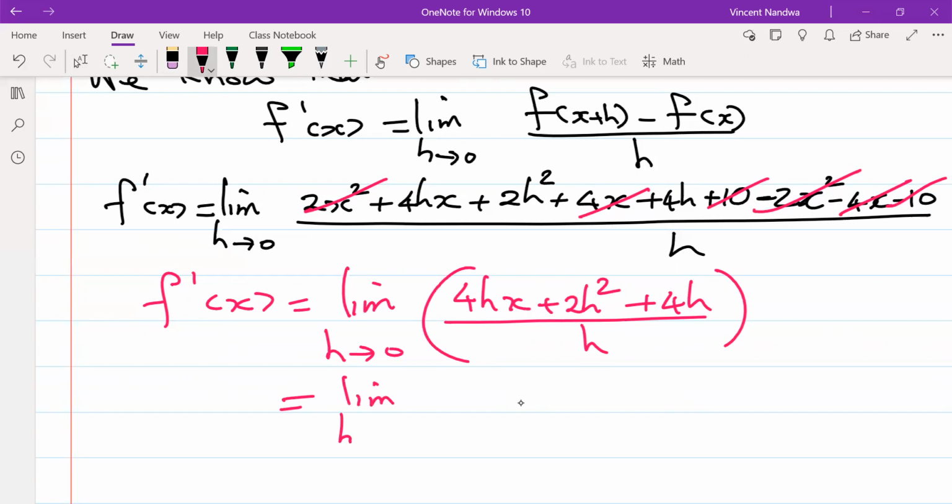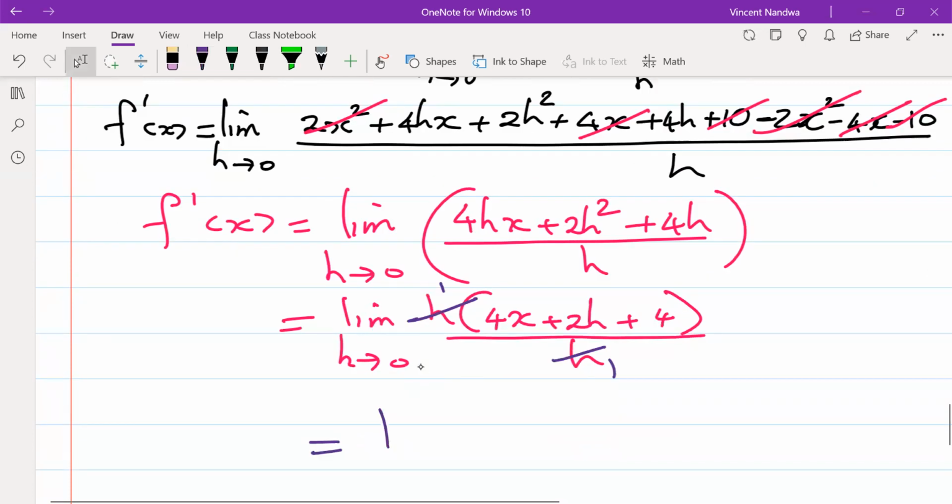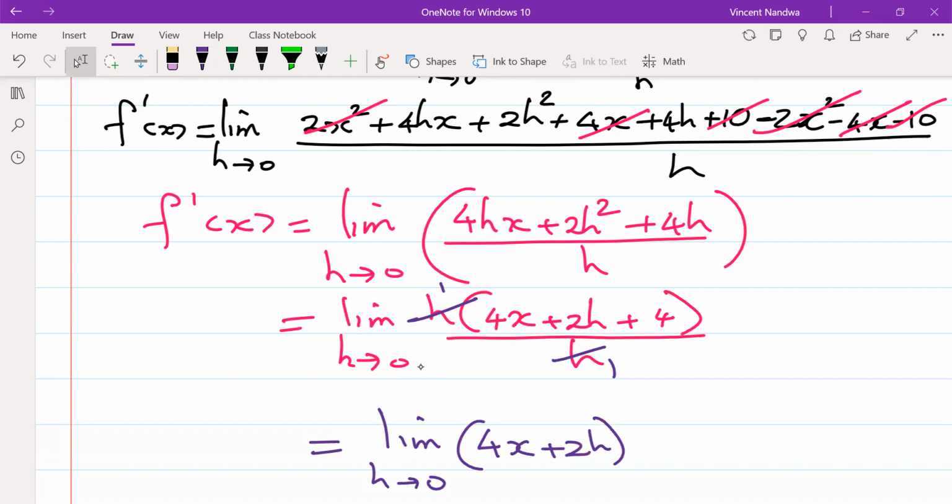So limit as h approaches 0 of h times 4x plus 2h plus 4, divided by h. Yes, h and h cancel out. So we'll have limit as h approaches 0 of 4x plus 2h plus 4, yes. At least now you are very careful, so that's what you expect it to be. So plus 4.